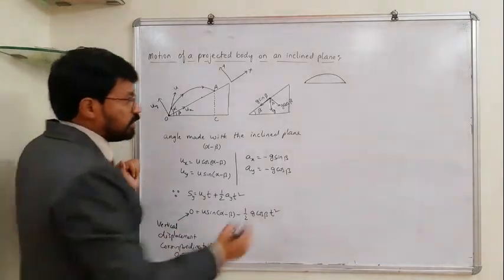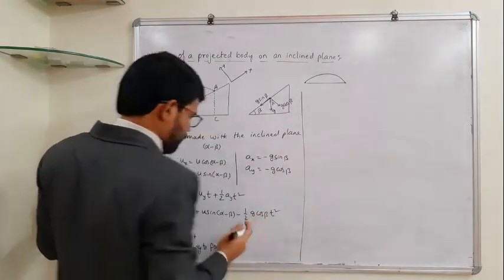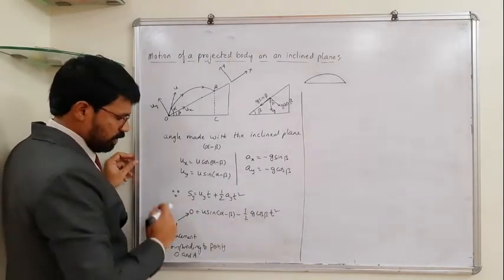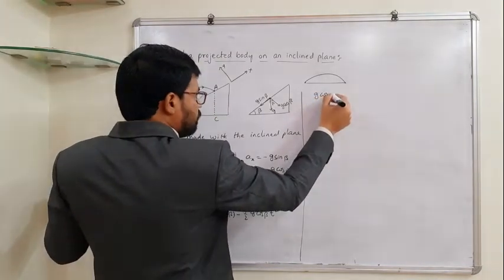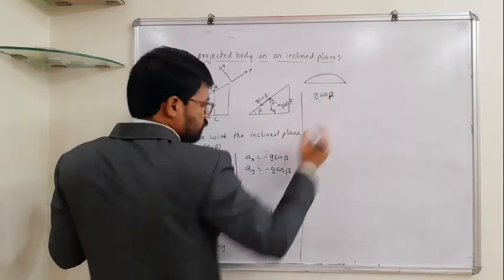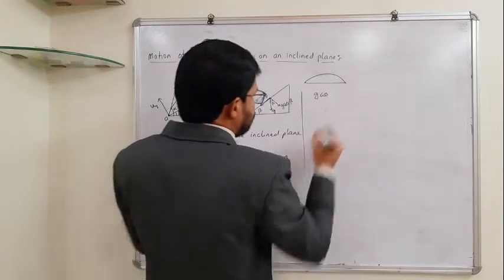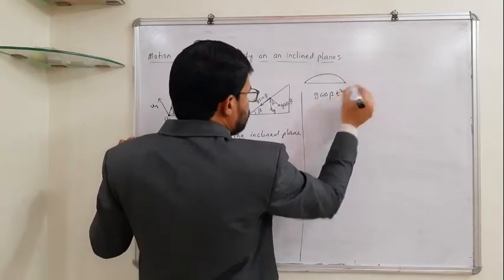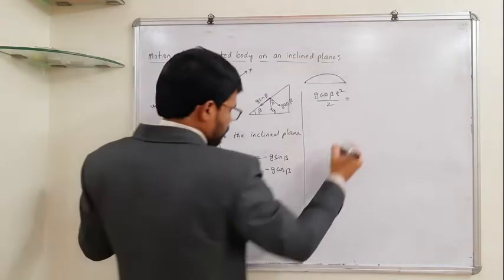Now this equation can be shuffled like this. Bring this term towards the LHS side. Then what you will have? g cos beta into t square by 2 is equal to u sine alpha minus beta.